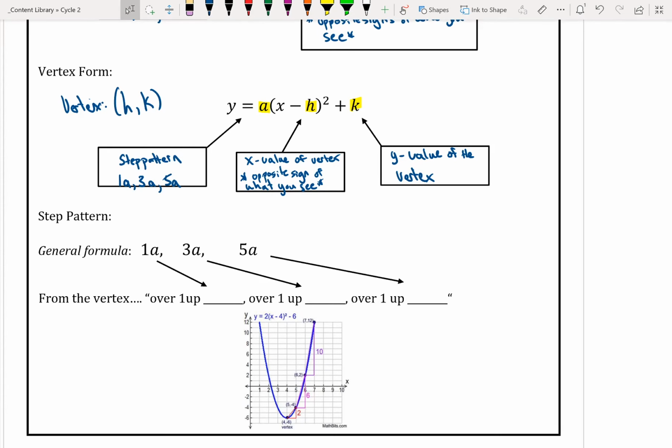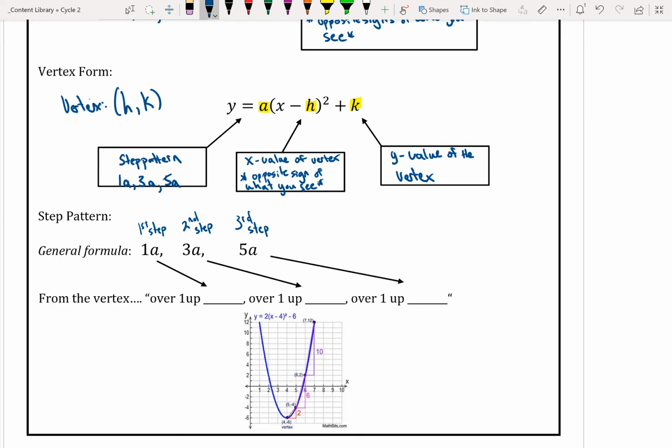Now, every form of the quadratic function gave us a step pattern. And the step pattern is a general formula that helps us go from one point to the next. So the general formula we've mentioned is 1a, or 1 times a, is our first step. 3a is our second step. And 5a is our third step.